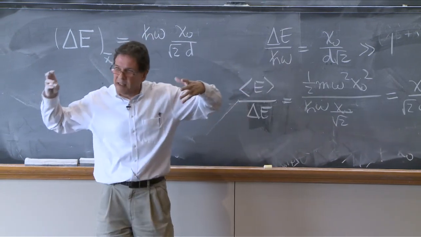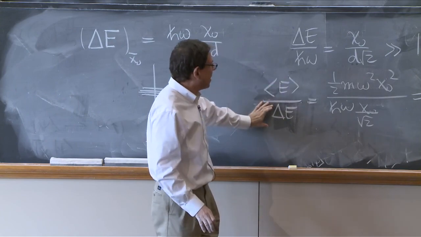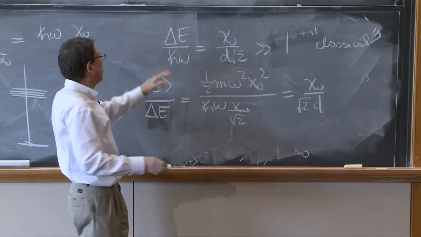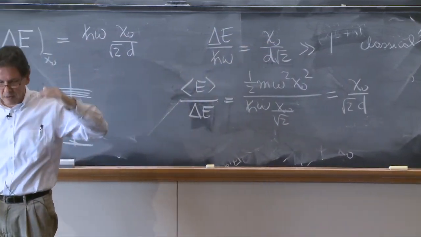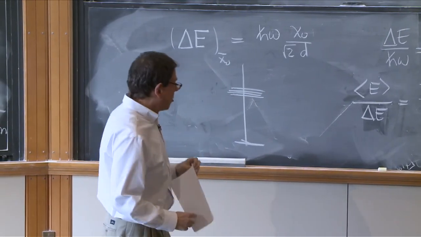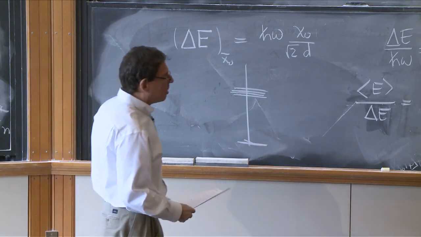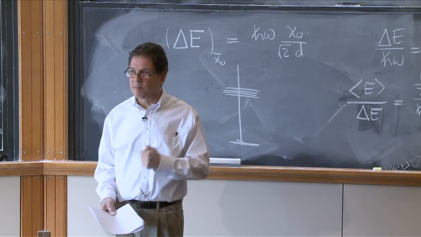So this state is a state of some almost definite energy, the uncertainty being much smaller, but even though it's much smaller, it still contains a lot of levels of the oscillator. So that, I think, gives you a reasonable picture of this, so you're ready for a generalization.